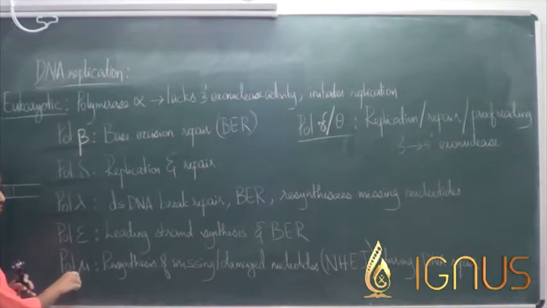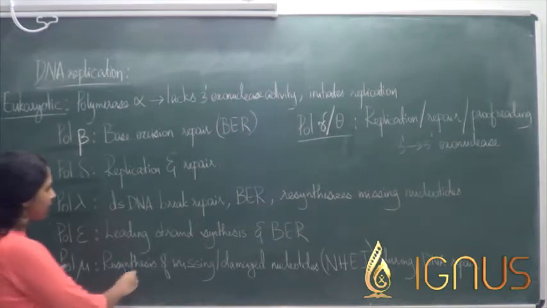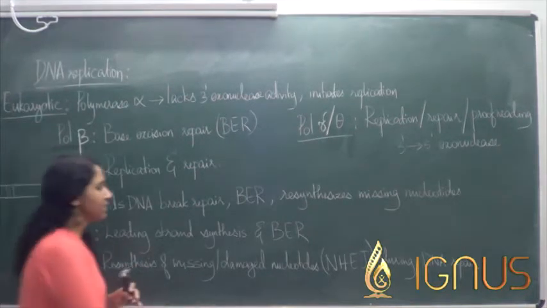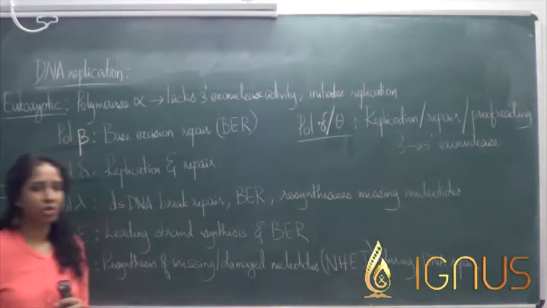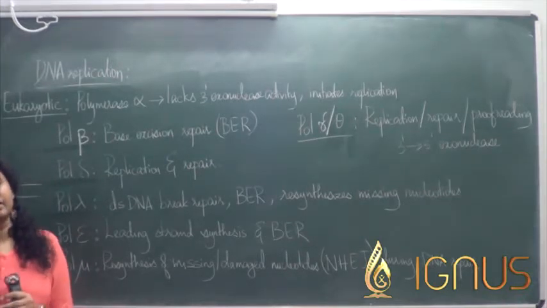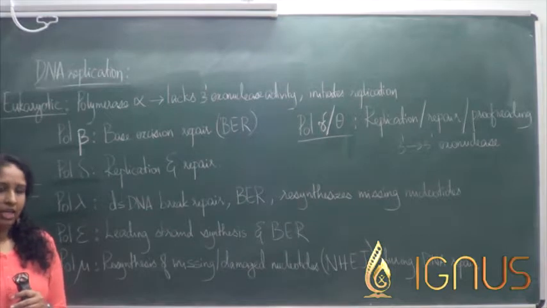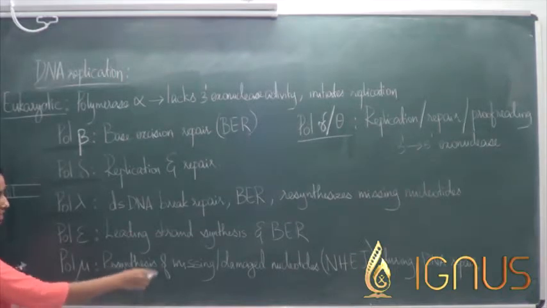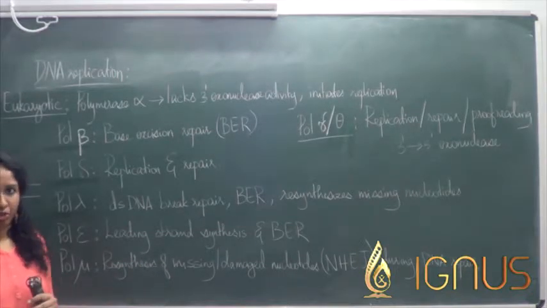Then you have polymerase mu, which is going to be again resynthesizing missing or damaged nucleotides. This is known as non-homologous end joining. NHEJ stands for non-homologous end joining, and this is something that is done by polymerase mu, wherein it's going to synthesize missing or damaged nucleotides.